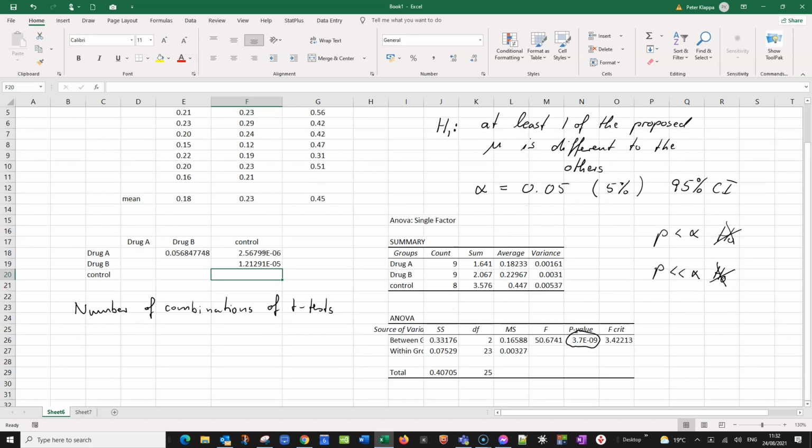The number of combinations that we do is n times (n minus 1) divided by 2. And n in this case stands for the number of different treatments.